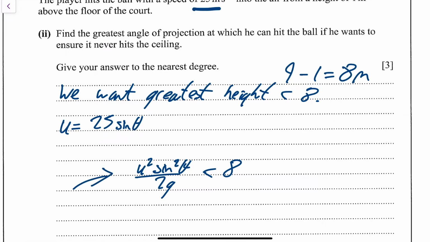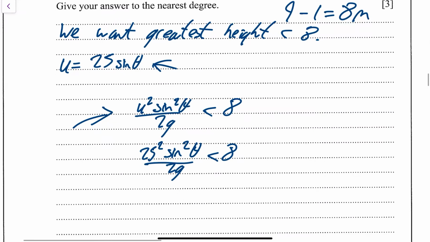So that top line is this thing squared, so it's going to be 25 squared sine squared theta all over 2g is less than 8. And then that means our sine squared theta has to be less than 8 times 2 times g, all divided by 25 squared.